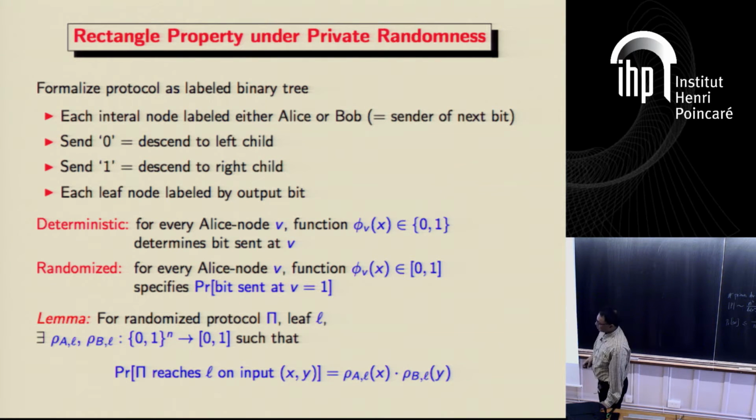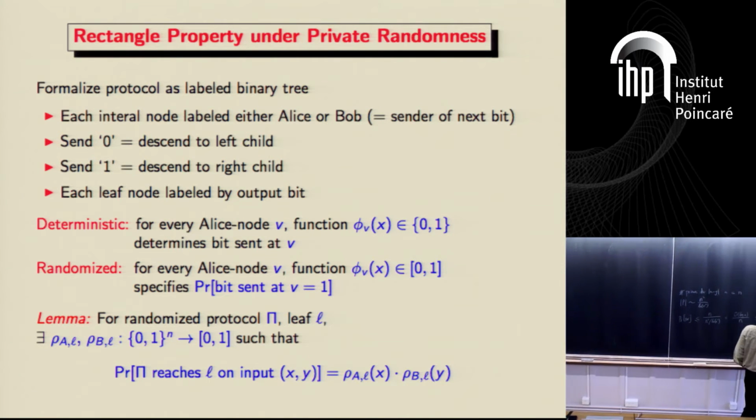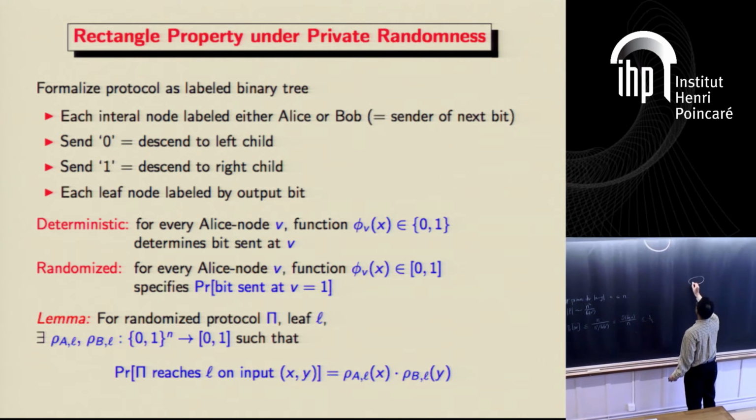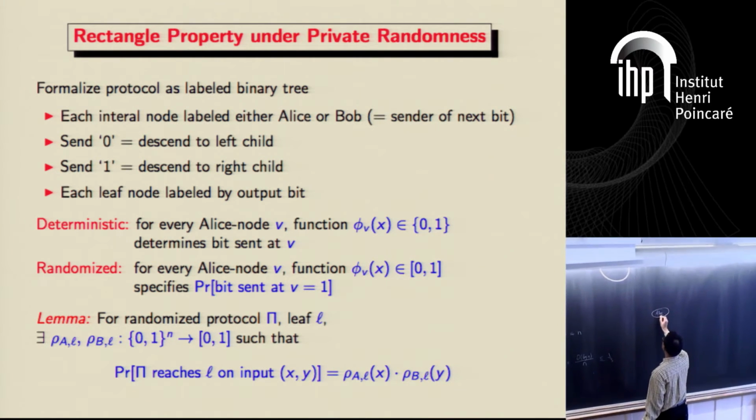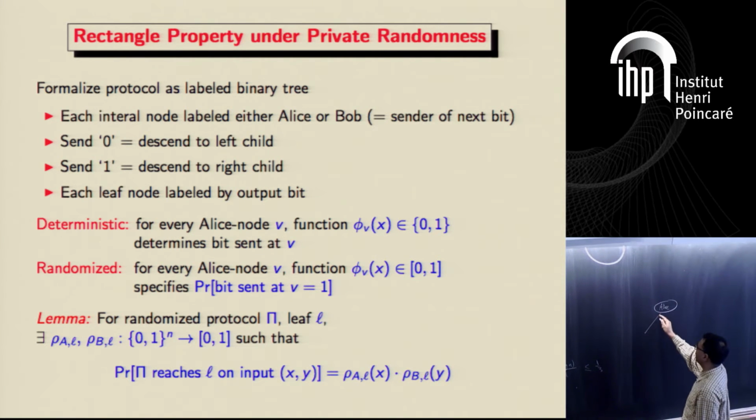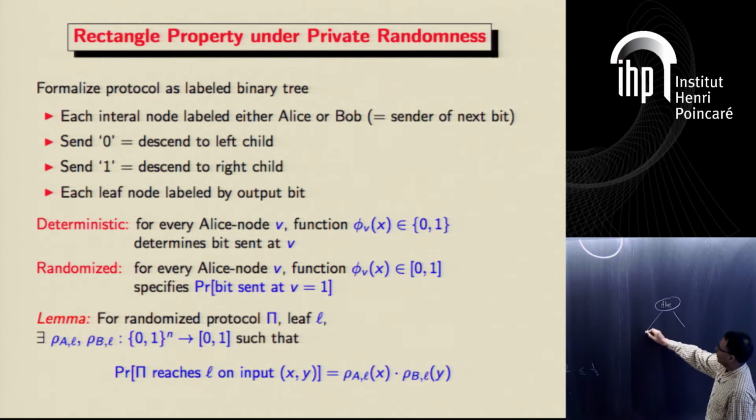So you can formalize a protocol as a labeled binary tree. I didn't have enough skills to make a nice binary tree picture, but I'm sure you can all go with this picture. This is easy. Let's say Alice sends the first bit in the protocol, and if she sends a 0, then we descend into this node. If she sends a 1, we descend into this node.